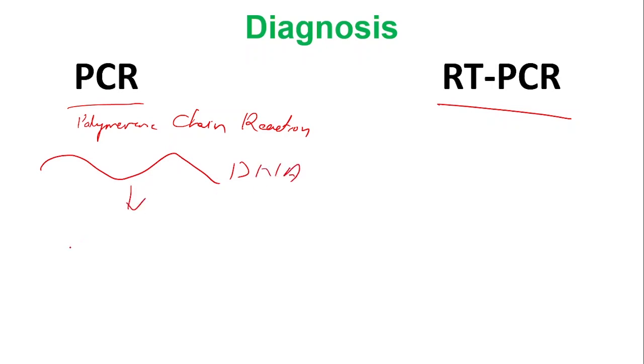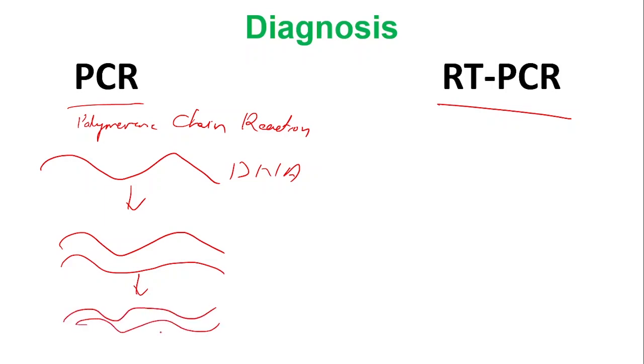Making copies from one DNA gives 2 DNAs, and from 2 there will be 4, and so on. This process is called polymerase chain reaction.